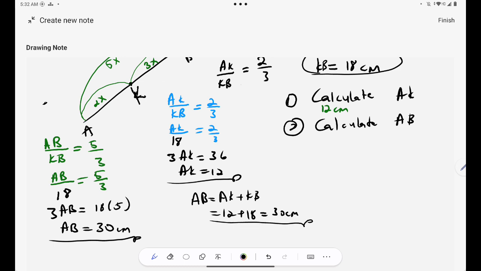But I was avoiding doing this because in this video, guys, we will deal with ratios a lot. So I want us to get used to using the ratios. Are you together?